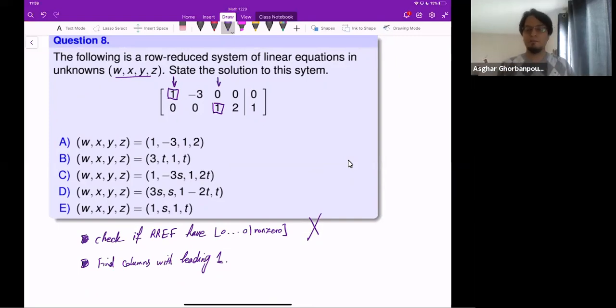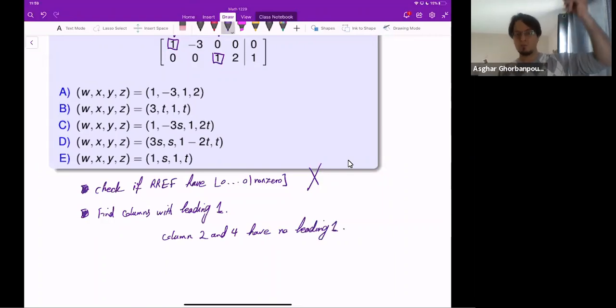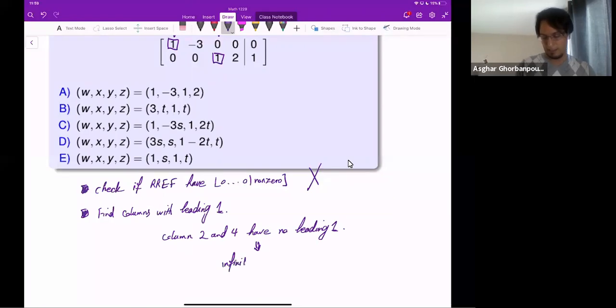It means that there are columns without a leading one, and that means that we are going to have infinitely many solutions. Right here, columns 2 and 4 have no leading one. It is consistent, and there are some columns without a leading one. Right away, you conclude that there are infinitely many solutions.